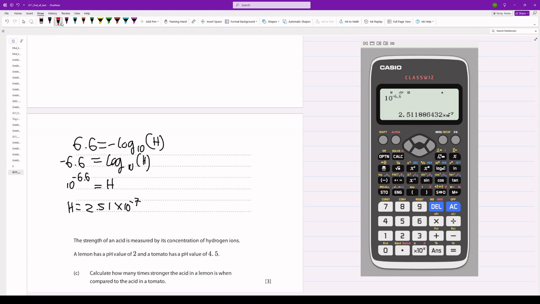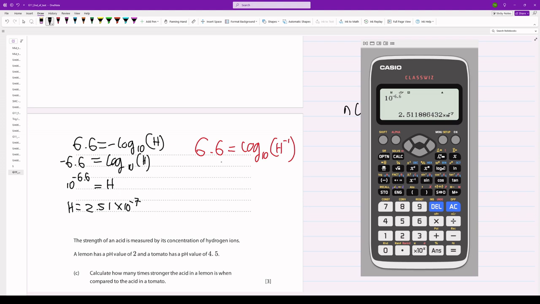Job done. Option 2, if you don't like that and you're feeling a little bit more HL minded, instead you can bring that negative in here, because there is a log law that says n log a is equal to log a to the power of n.